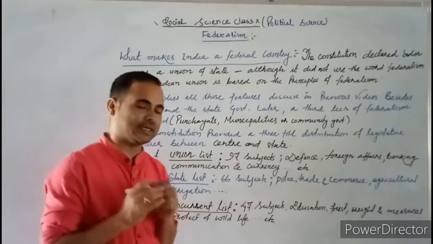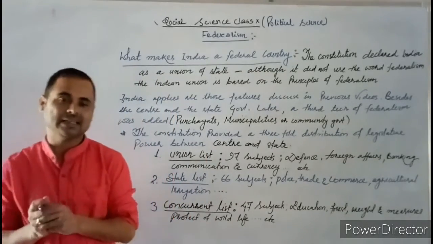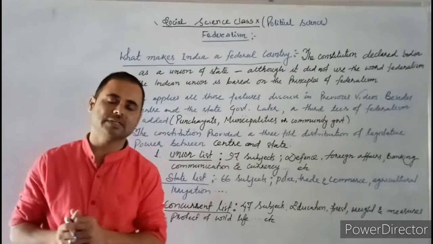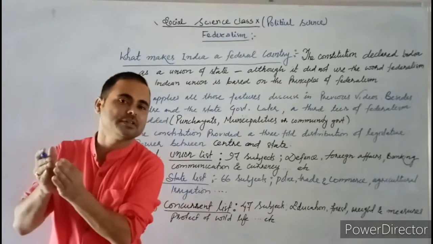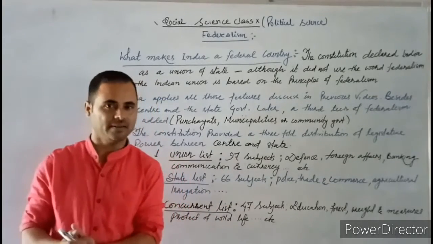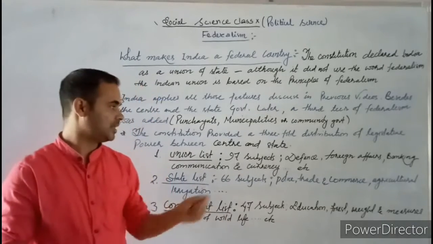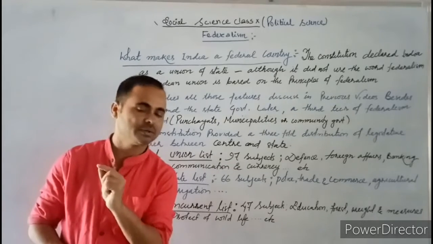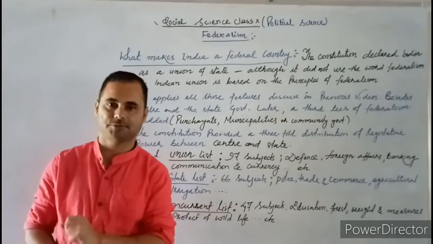Now let us try to understand what is this union list. These are those subjects, 97 in number, in which the central government has been given the power and right to make laws for the entire nation. Very specifically, the Constitution has prescribed that within these 97 subjects, only the central government, also called the union government, has the power to make laws.